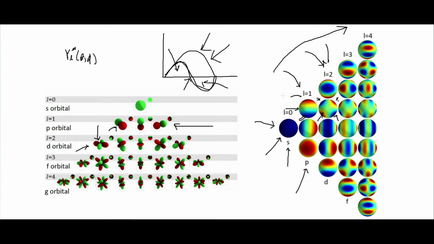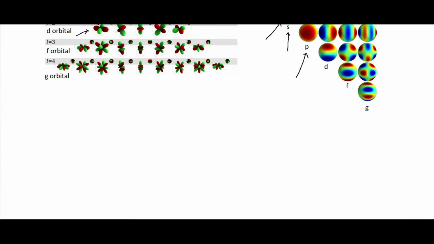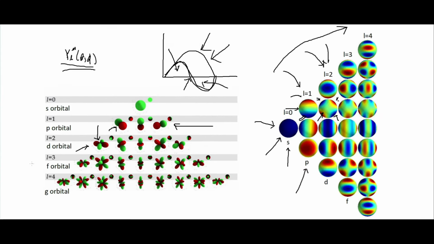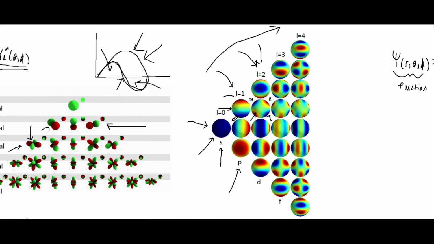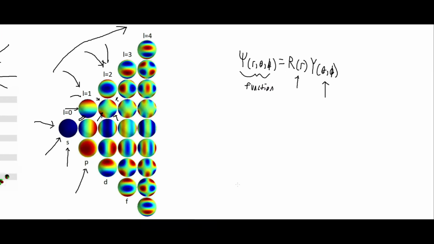And if you keep going, you'll keep getting higher and higher frequencies. That is what the spherical harmonics part is telling us. And the radial part is telling us how this is behaving as we go away from the nucleus.